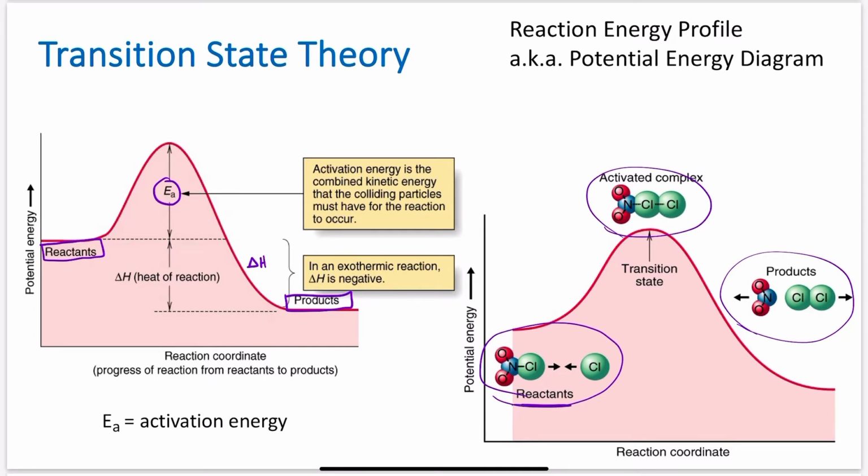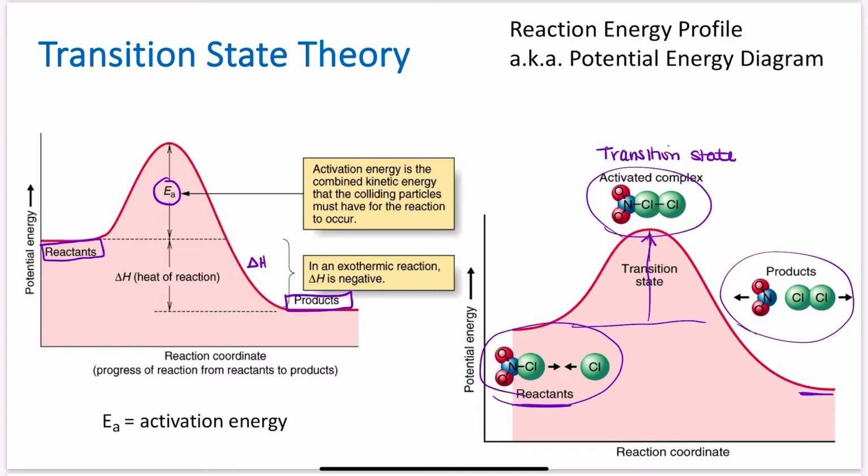The reactants come together. They have enough energy to overcome that activation energy, to go through their activated complex. This is their transition state. And once complete, they produce their products, and we see the potential energy of their product at a lower point. Therefore, this is an exothermic reaction.